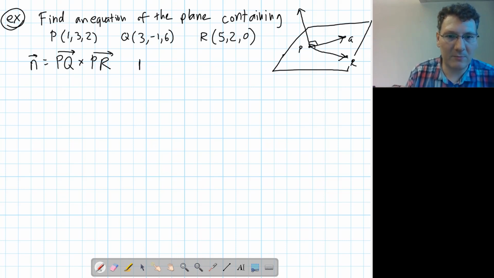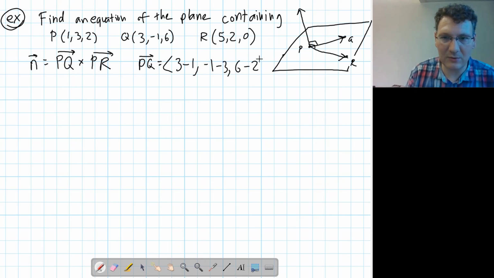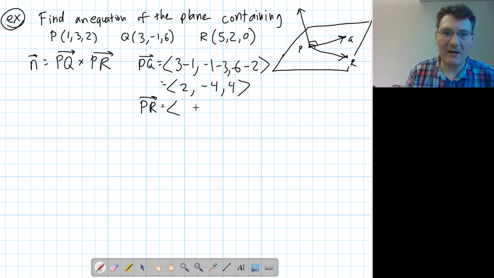So let's find the vector PQ. We're going to need that. So the vector PQ is going to be the coordinates of Q minus the coordinates of P. So 3 minus 1, we'll have negative 1 minus 3, and we have 6 minus 2. So this is 2, we have minus 4, and we have 4. Now our PR vector is going to be the coordinates of R minus the coordinates of P. So we have 5 minus 1, we have 2 minus 3, and we have 0 minus 2.